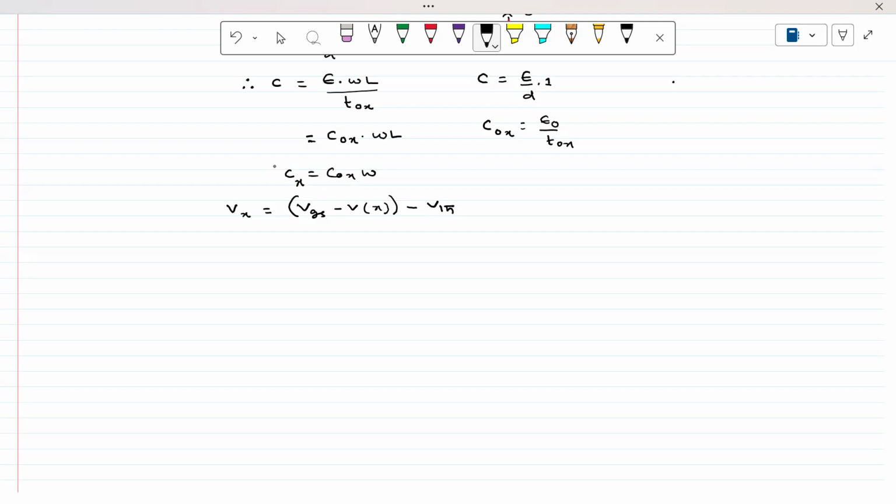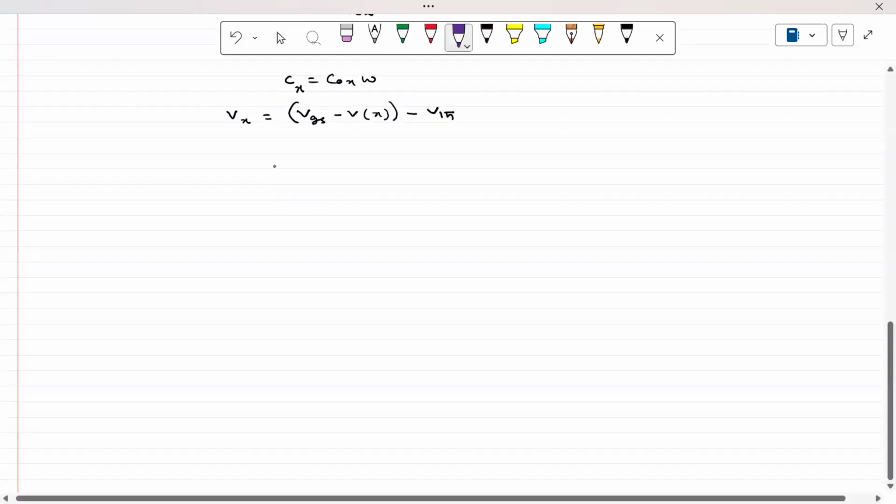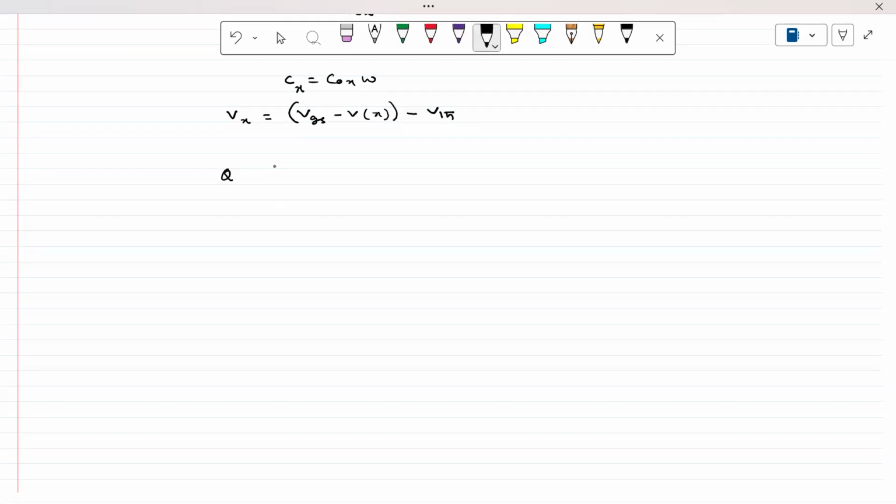We now know the capacitance at a point X, and we know the potential difference across the channel at a point X. Now what is the charge density? Charge density at a point X is equal to the capacitance at a point X times the voltage across the capacitor, as simple as that.